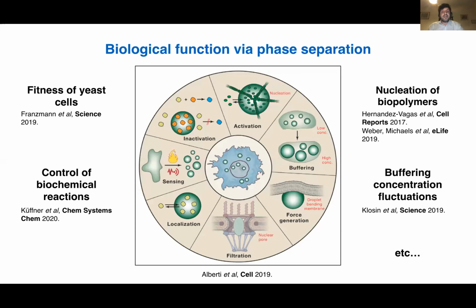And here is a very nice picture from a recent review article that shows the repertoire of activities that these liquid condensates could do or can do in living cells. And for example, one big interest here is in the control of nucleation and polymerization of filamentous structures.